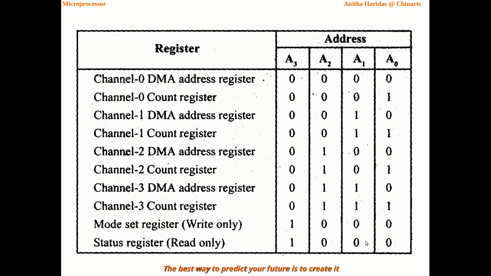So it is not going to have 1010 as the address. Instead, these are the 8 addresses used for the 4 channel address registers and counters, whereas the ninth address, 1000, will be used both for the mode set register as well as for the status register. And how will it be differentiated? Depending on whether the write signal or the read signal is generated.